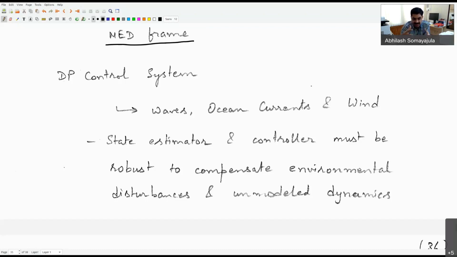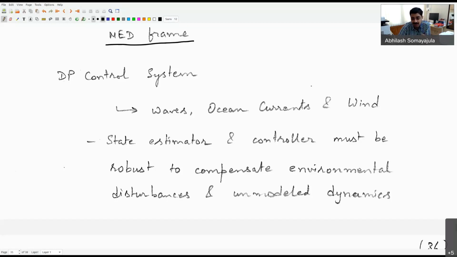So when I get the total motion of the vessel, I want to eliminate the first order motion and focus only on the second order motion which is happening. Based on that, my controller should take an action. Is everybody with me? We want to take action only based on the slowly varying component of the motion, not on the first order component.